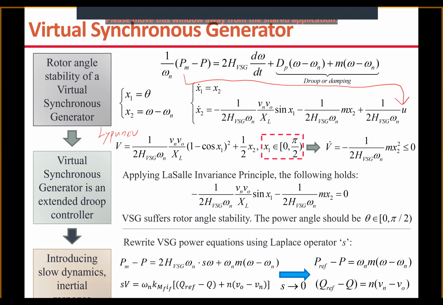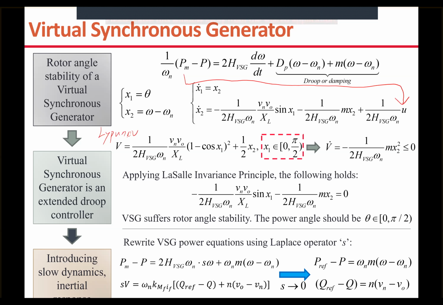So we can construct a Lyapunov function based on this model, and then take the first order derivative, which is less than or equal to 0. And we prove that the power angle should be maintained within 0 and 90 degrees. Otherwise, the VSG will also lose rotor angle stability, or transient stability.